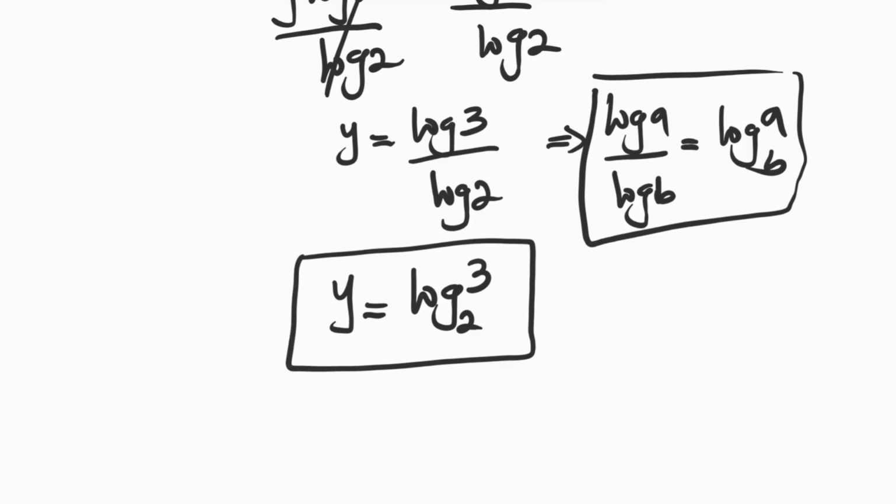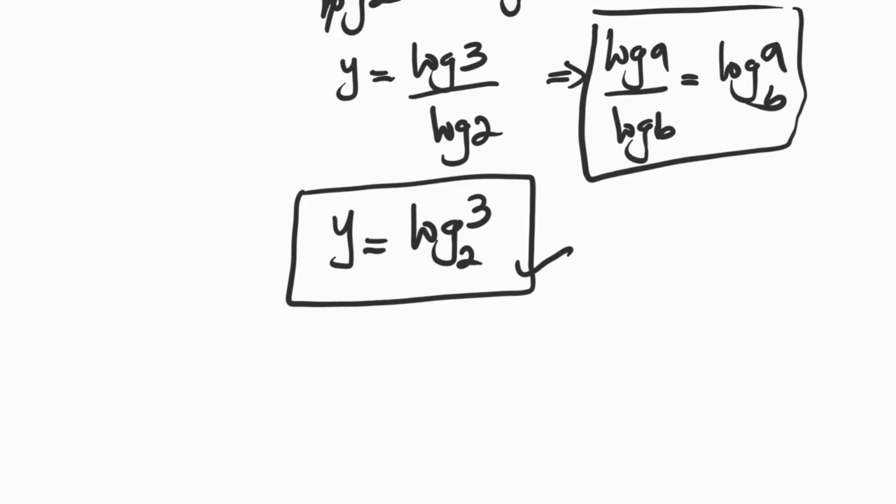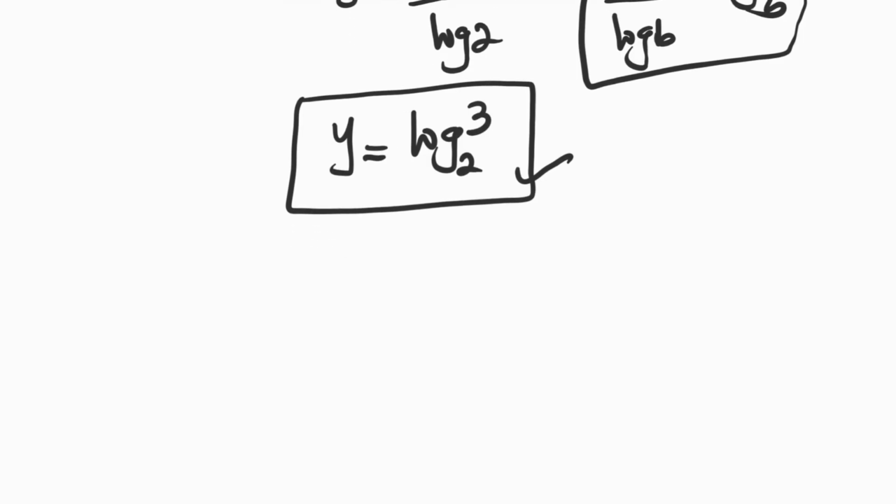And this is the final answer for our y. Now, if we go back to the equation that says 2 raised to the power y plus 4 raised to the power y plus 8 raised to the power y is equal to 39.